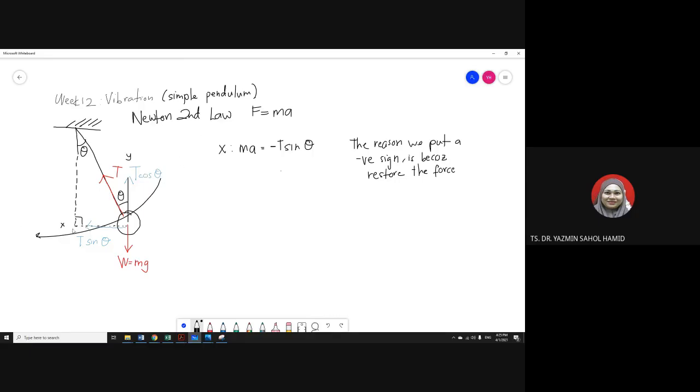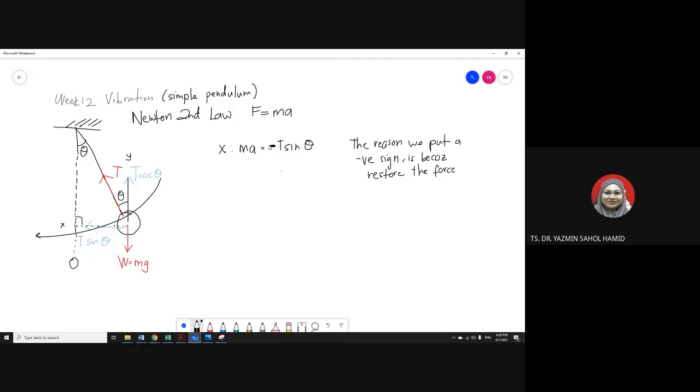For it to return back to its original position dekat point O ni, let's say our original is point O, dia akan return back. So that's why dia restore the force. That's why kita letak negative. So untuk topik vibration ni kalau in X direction kita letak negative. This is something additional. Dia macam spring. Spring kan kita letak negatif sebab dia restore back to its original source. So that's why kalau soalannya ada spring ada negative k x.